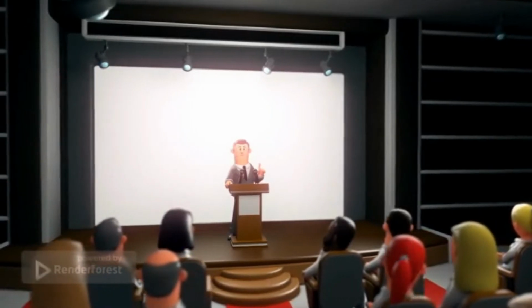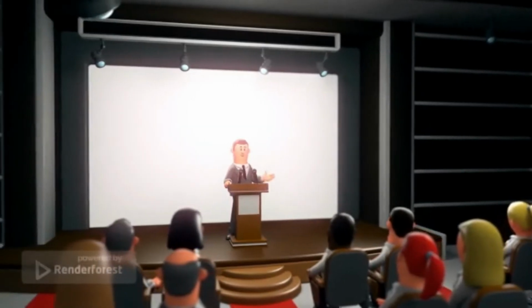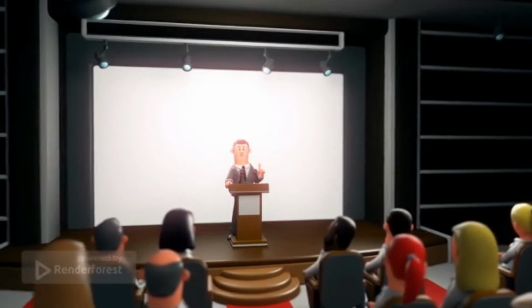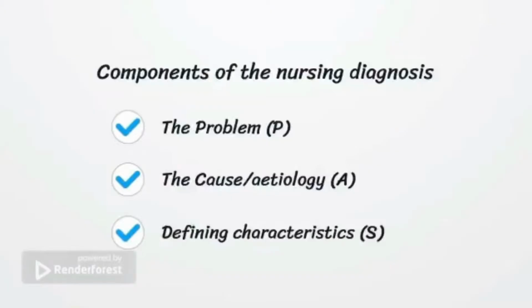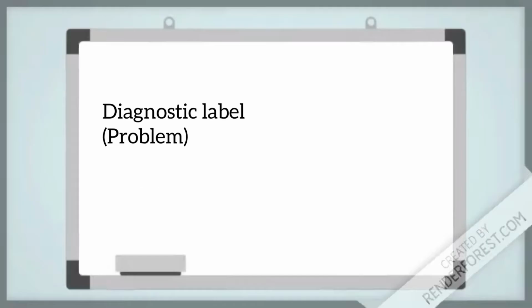All right, so in this two-part diagnostic statement of risk and potential problems, we don't have a problem, etiology, and a defining characteristic. That's a PES or PAS. But rather we have the diagnostic label, which is the P, and then instead of the relating factor that is the cause, we have here the validation for a risk, okay, which is the same as the risk factors.